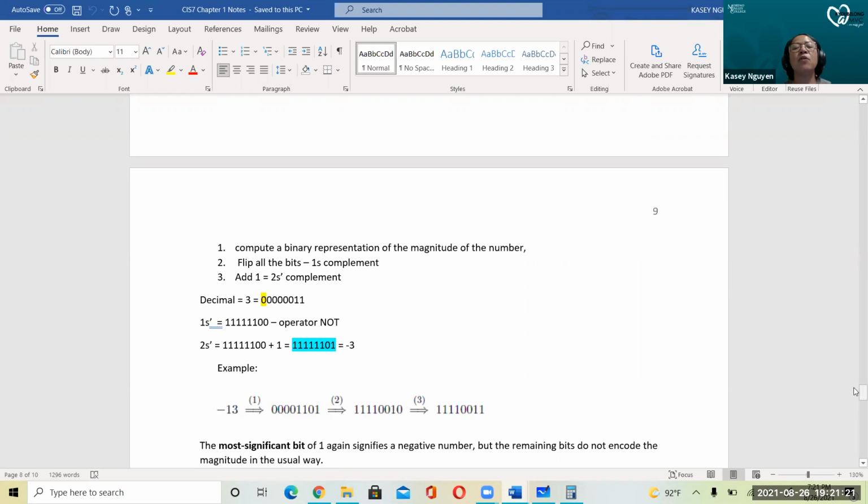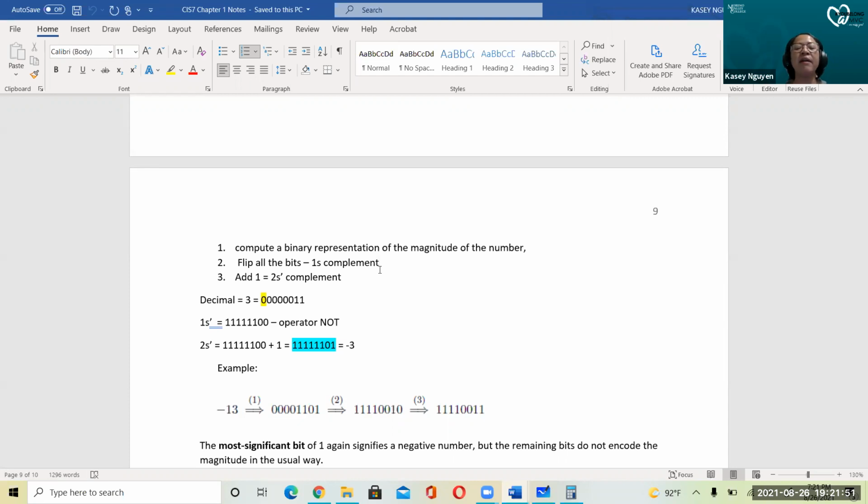So the first step is to convert the value into binary. Then the second step is to apply the logic not, or the opposite of each bit. So I flip the bits: the 1s become 0s and the 0s become 1s.